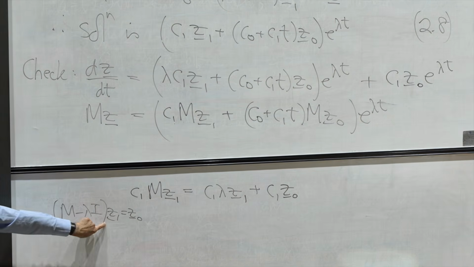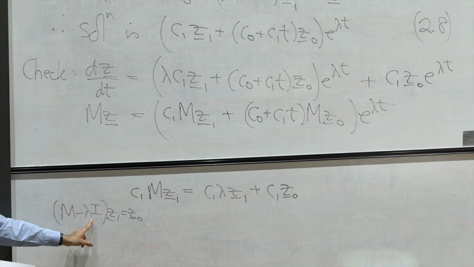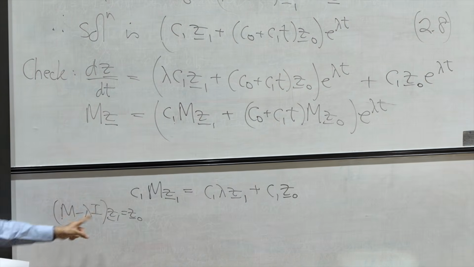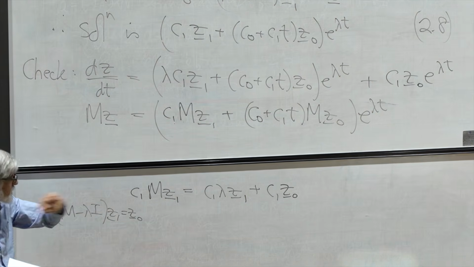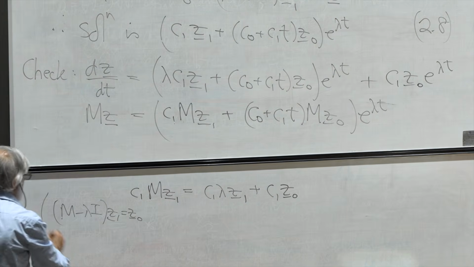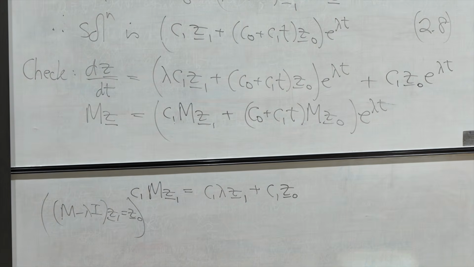So mz1 is equal to lambda z1 plus z0. So multiply through by c1 and we get that. Okay.